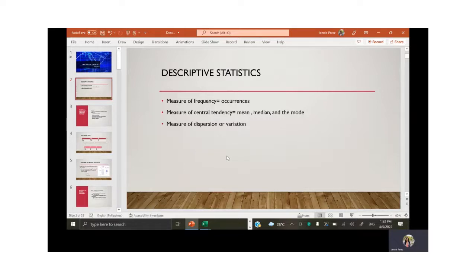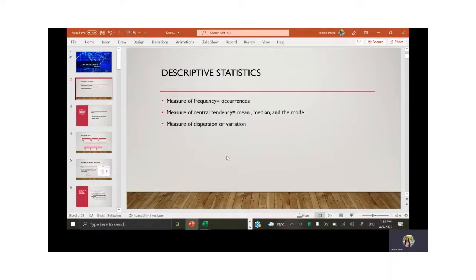And median is used if you have an ordinal scale variable. Say, for example, sibling position, ordinal position in the family, that is ordinal. Then median is also used if you have data that have outliers.